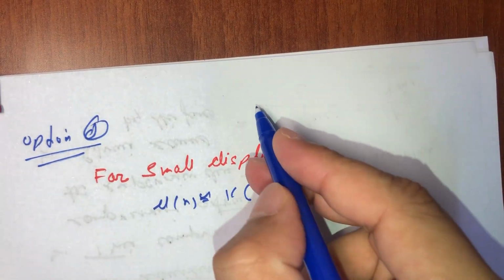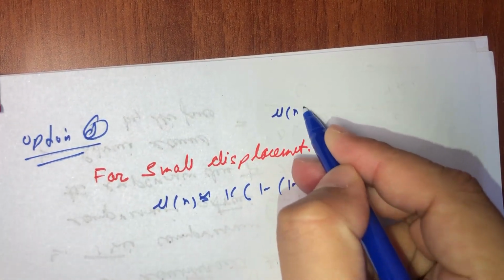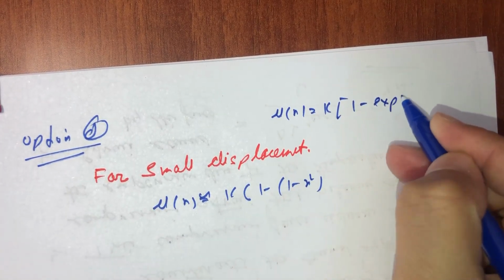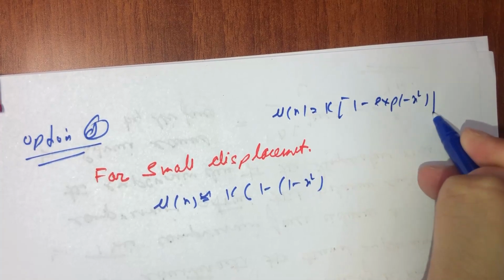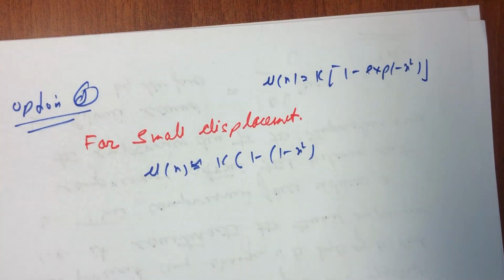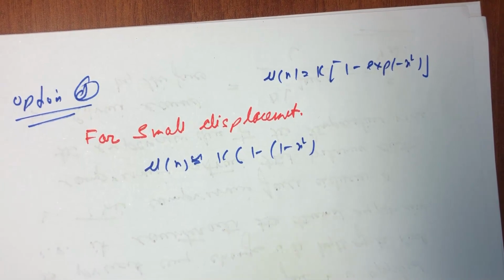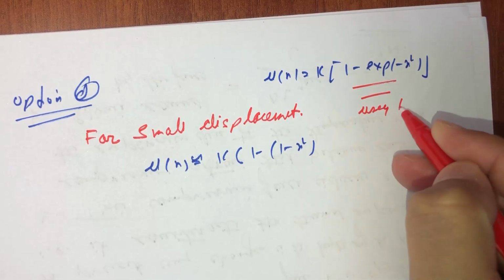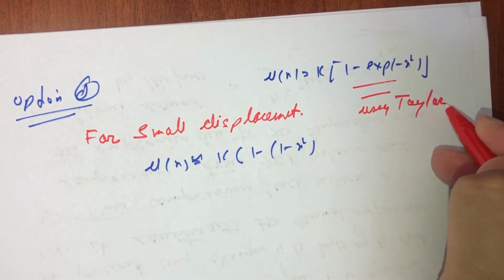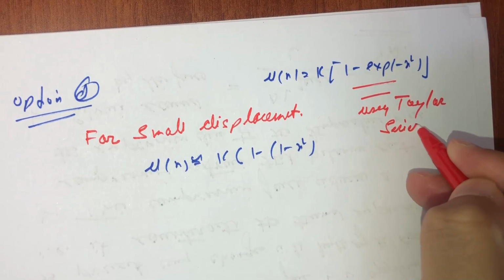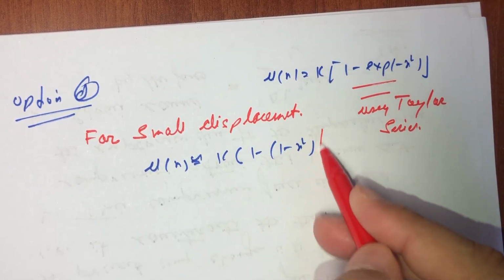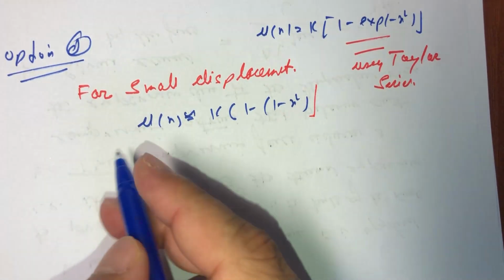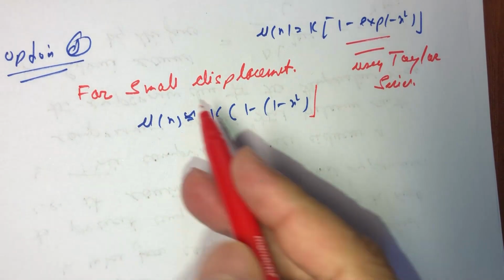Because the original energy equation is U(x) = K(1 - exp(-x²)), and we use the Taylor series expansion to get this result. So this is going to give us this equation.